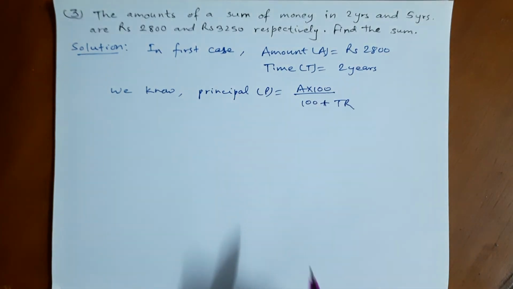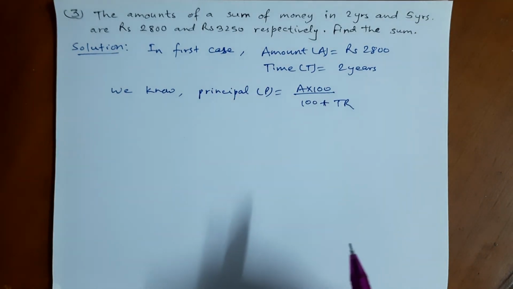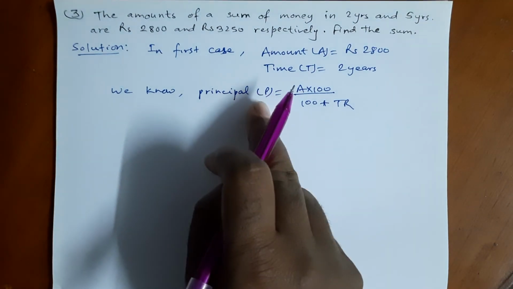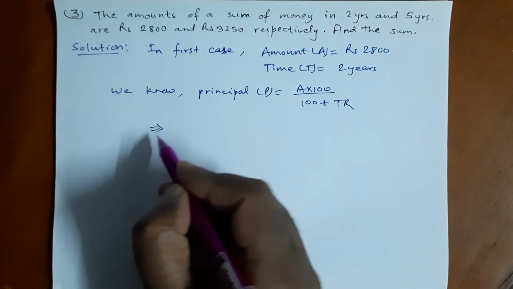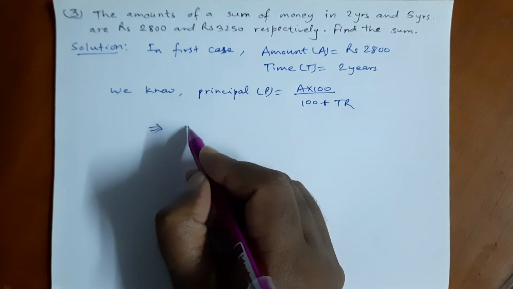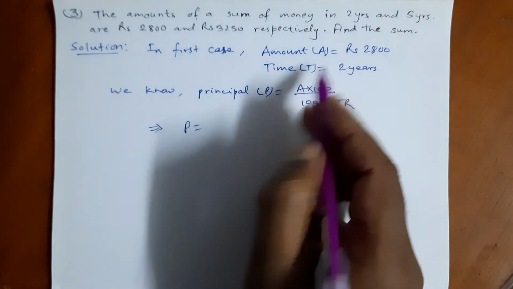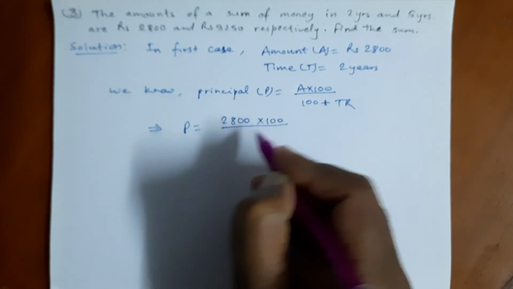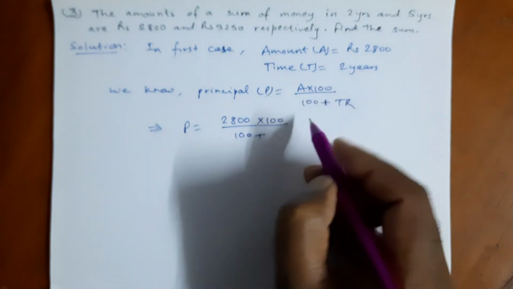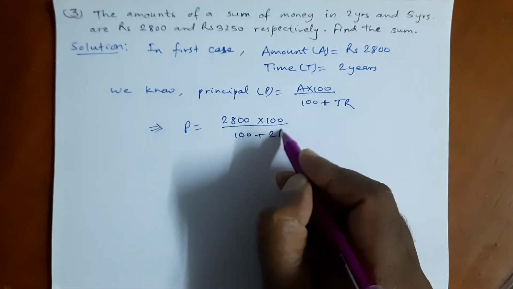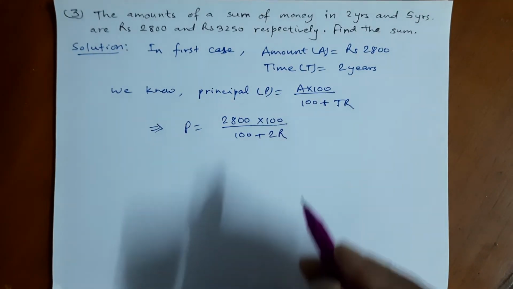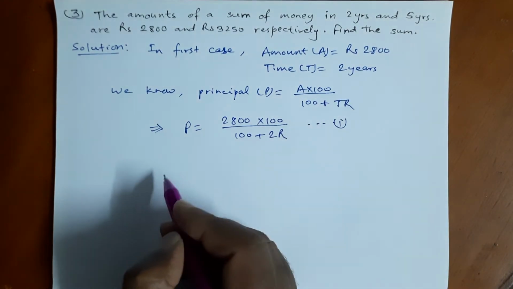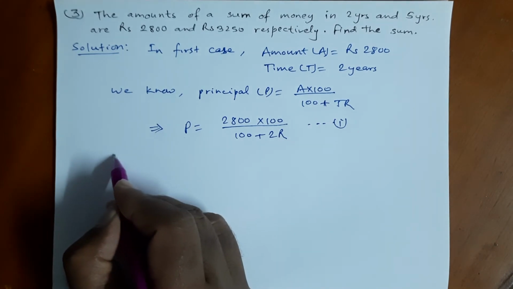We have to find the sum, and sum means this principal. This implies P equals 2800 times 100 over 100 plus 2R, where T is 2 and R is as it is. Let this be equation 1.